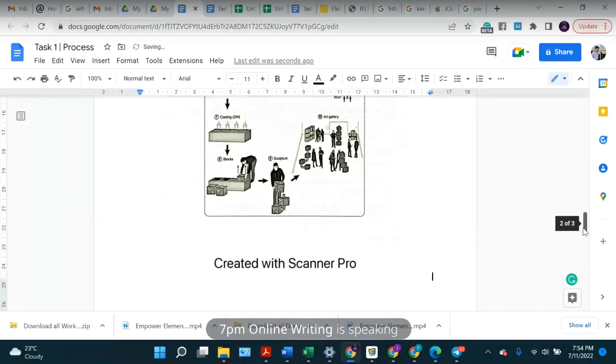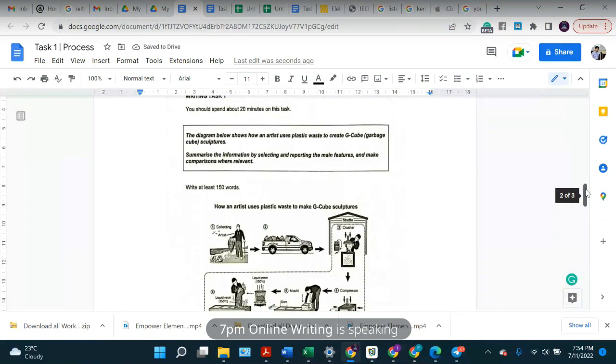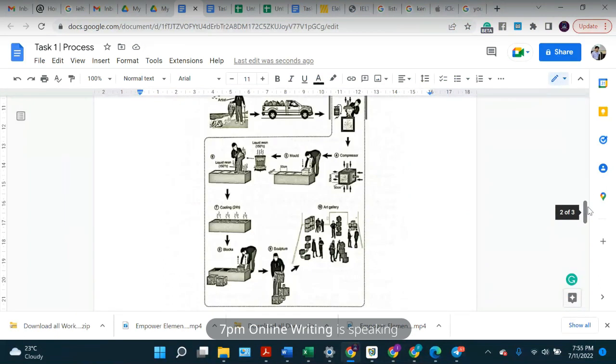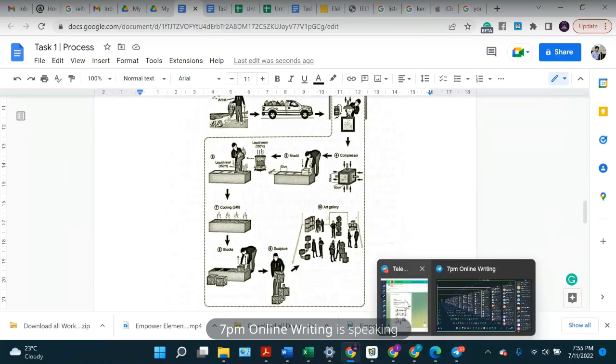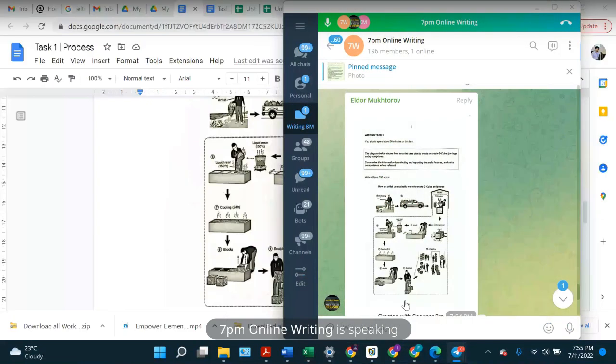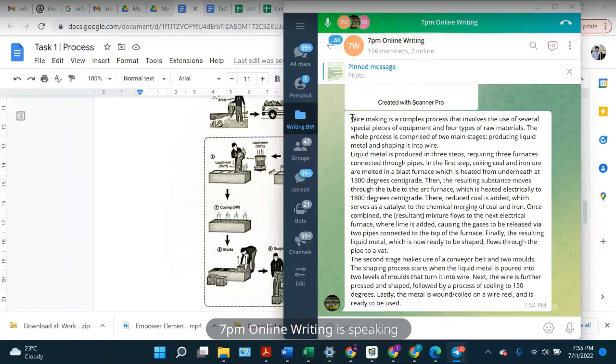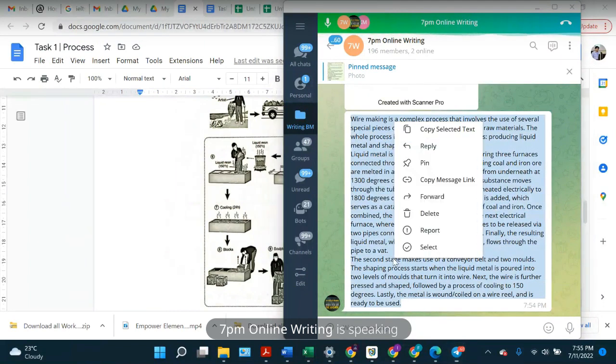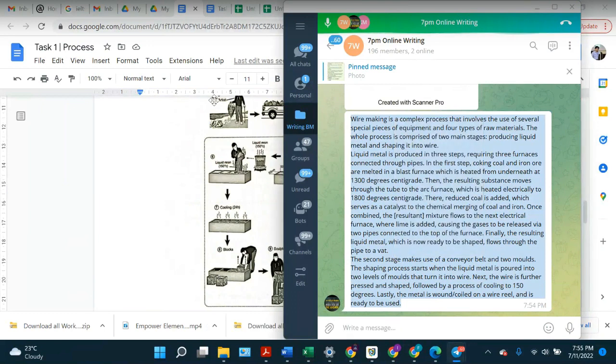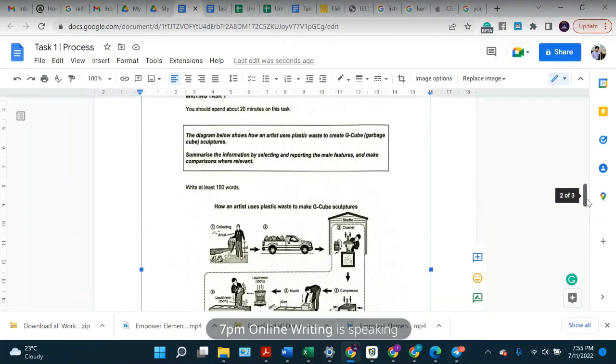Okay, so this is our task. Does it look more complicated than the wire making, or do you think it's easier? Because I haven't really had time to look at this task, to be honest. Let me see.